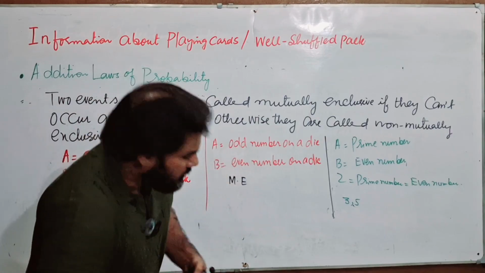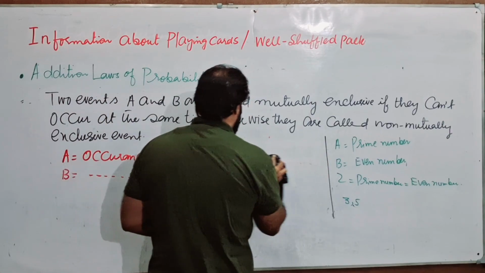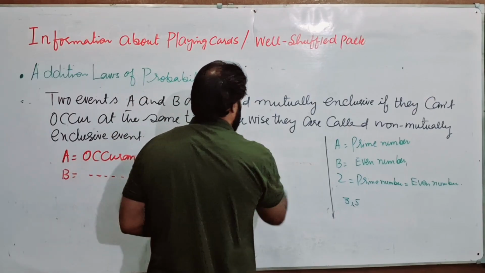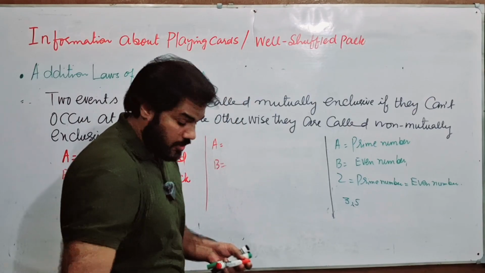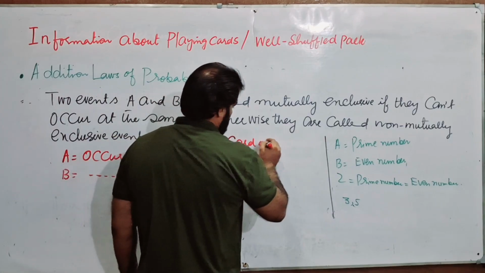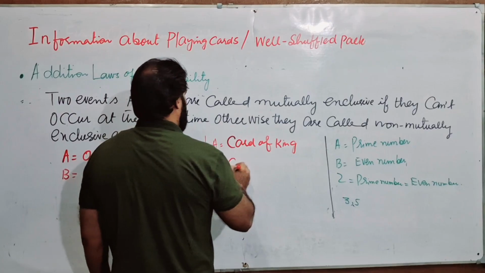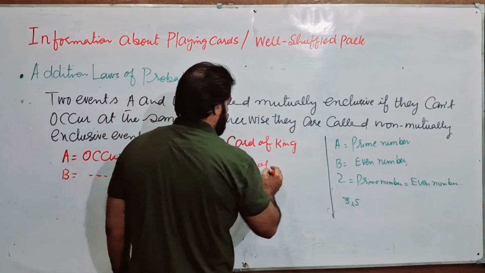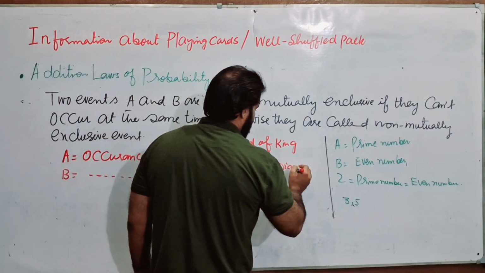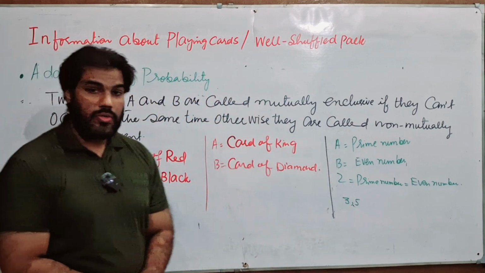Suppose my A is a card of king, and my B is a card of diamond. Can these two events occur together?